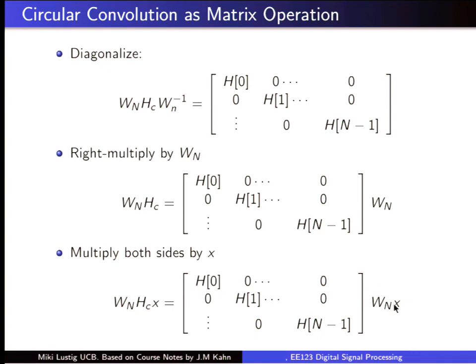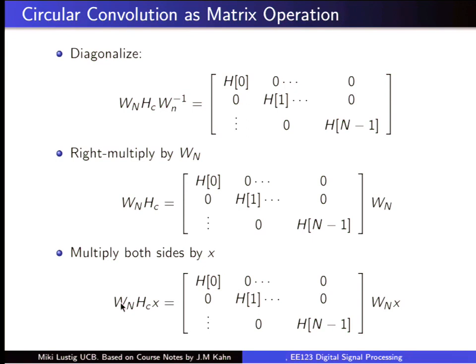Here, what it really means is that if I take a signal and compute its DFT, the operation of filtering, or the circular convolution, is really multiplying by the DFT of the filter. That is equivalent to performing the circular convolution and then taking the DFT.